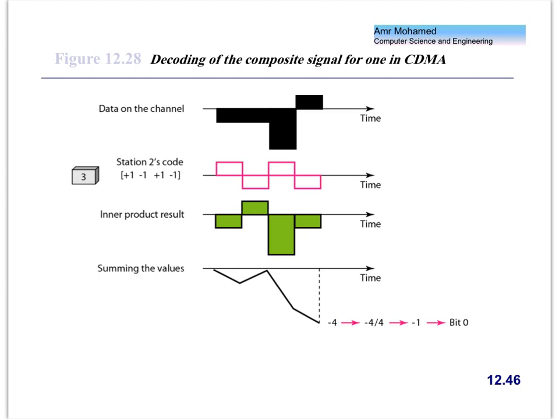So you may actually end up with -3.7 or 4.2 or something like that. But in all cases, it's fine, because anything in the negative means the original data was 0. Anything in the positive means the original data was 1. So it's easy. And the difference is way in the negative. That's why we say it has high correlation with itself, so that we can distinguish easily between the bits. Okay?